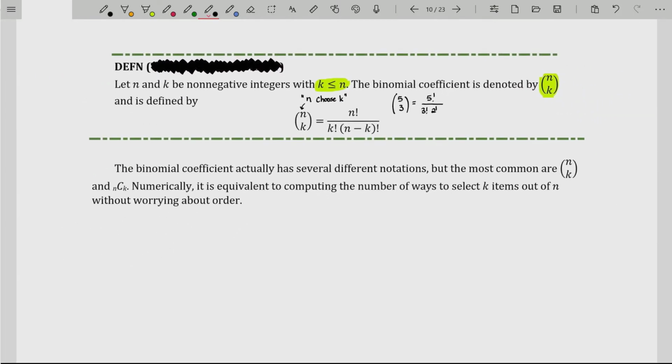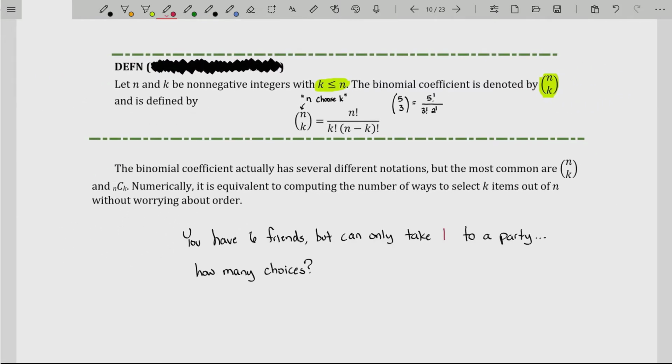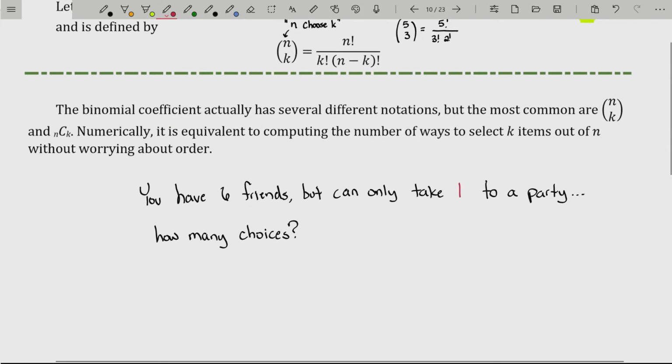I mean, let's suppose you have 6 friends, but you can only take 1 to a party. Well, how many choices do you have? Disregard that you might favor some friends over others. Just say they're all equivalent as friends to you.